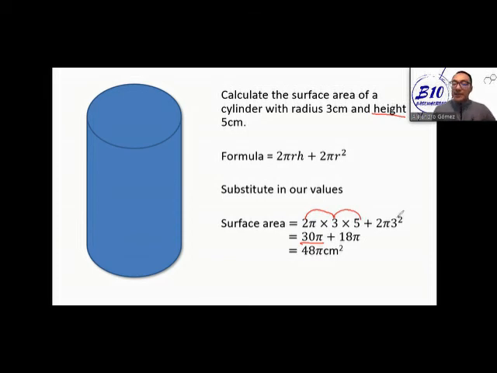And here we say 3 to the power of 2 is 9, 3 times 3. 9 times 2 is 18. 18 pi. So it is an addition. So you say 48 pi square centimeters, and we got the surface area of a cylinder.